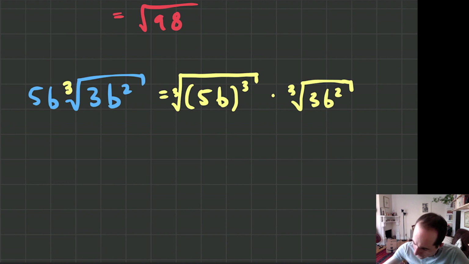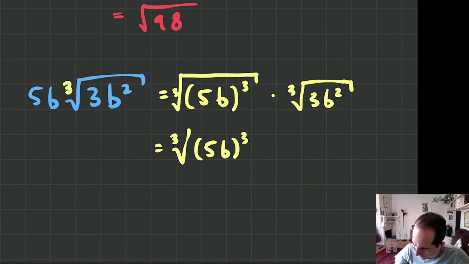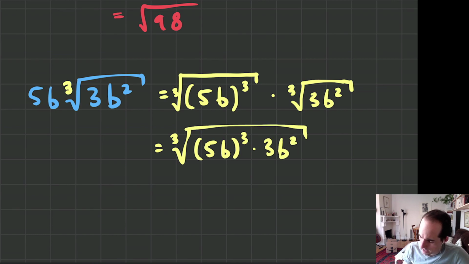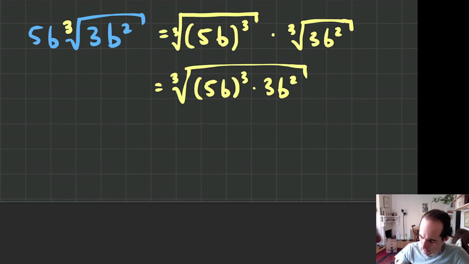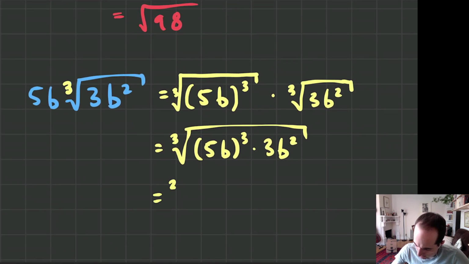Okay, and now I'm going to combine these two radicals. So this is equal to the cube root of 5b to the power of 3 times 3b squared. And now I just have to expand everything. So I'm taking the cube root of, well, 5 to the power of 3 is 125.